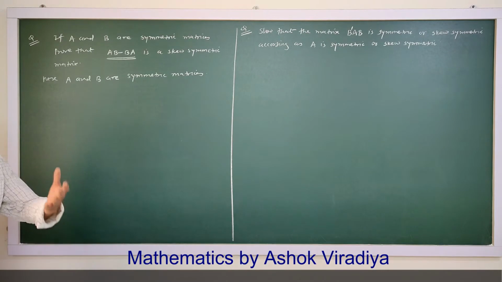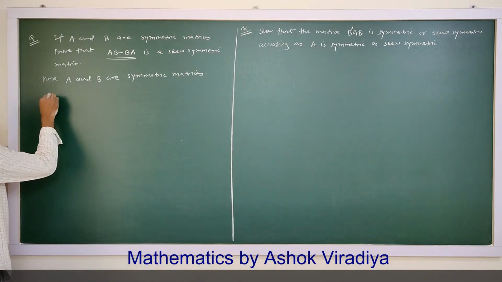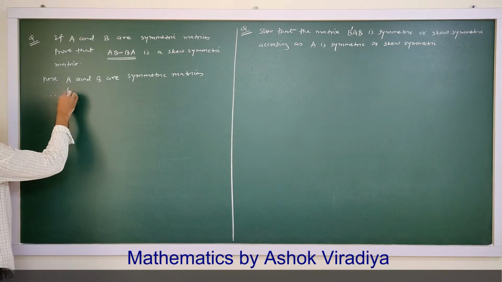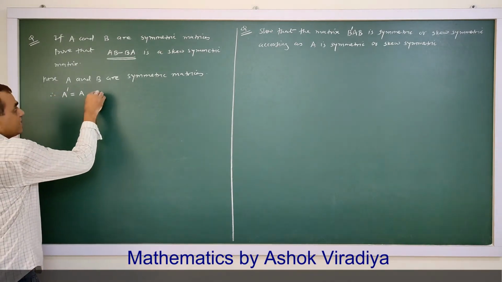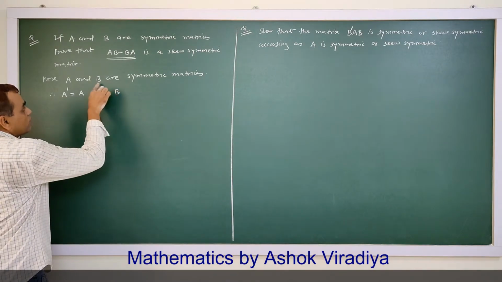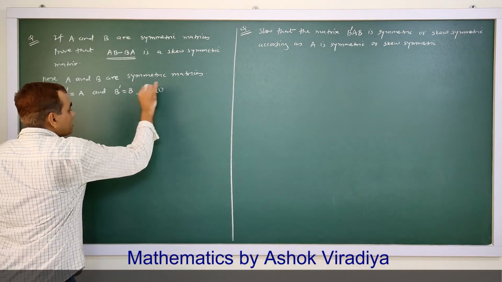And by definition of symmetric matrices, because A is a symmetric matrix, the transpose of A is equal to A, and the transpose of B is equal to B. So this will be used in calculation.